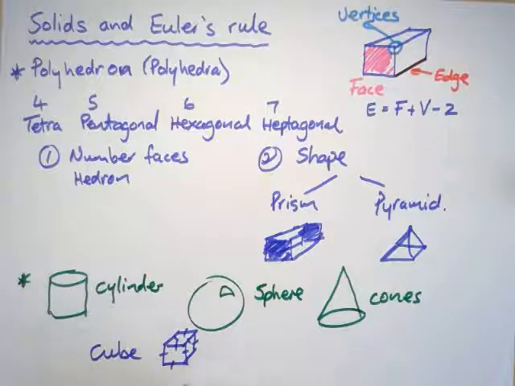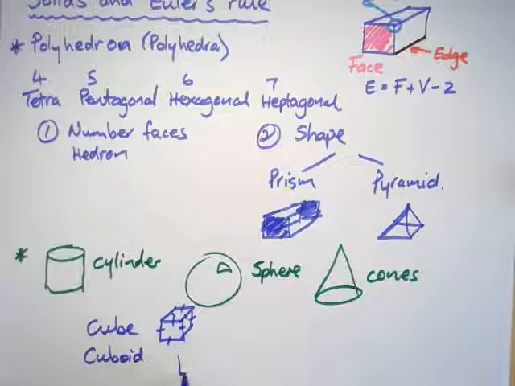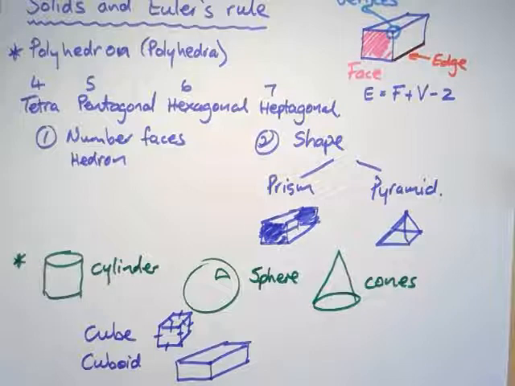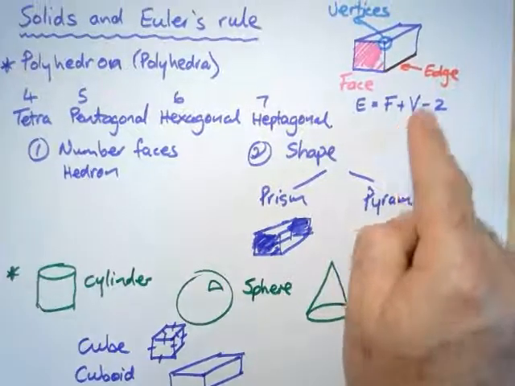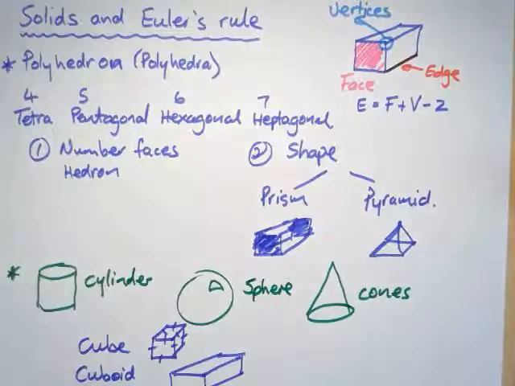The other thing is when we talk about a cuboid, it is another name for a rectangular prism. That's a cuboid. Please look at the examples to see exactly how you have to name that. Again, you don't have to use Euler's law or rule. You just have to know what faces and vertices are and be able to count them.